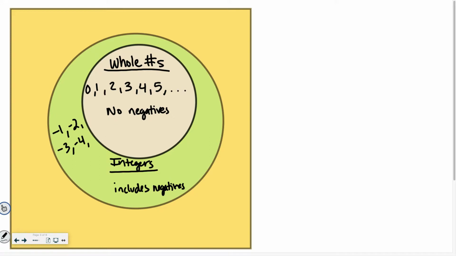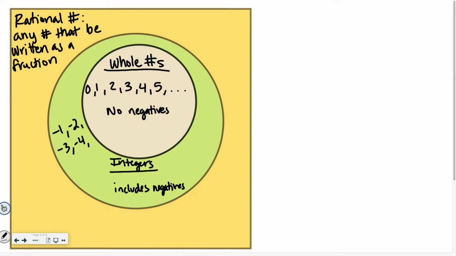Next, outside of integers is something called a rational number. And remember on the last page, we talked about how a rational number is any number that can be written as a fraction. So if I had like 3/4, that is a rational number. Or remember, decimals can also be written as fractions.